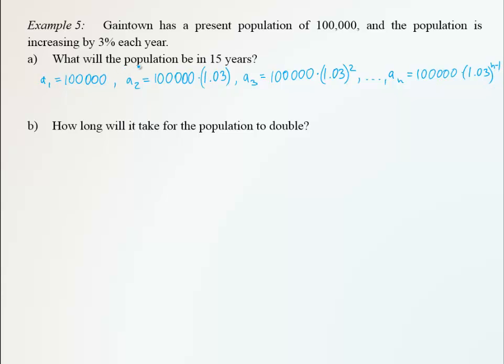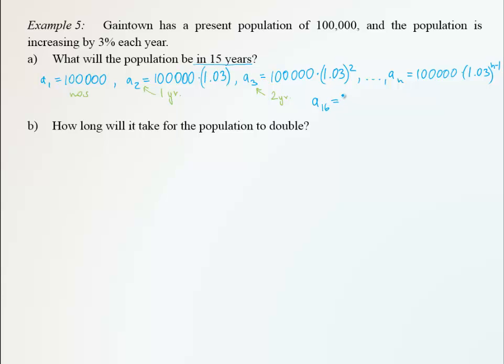Since the question asks us about the population in 15 years, and for example here the second term represents the population in 1 year, that corresponds to the second year, and so on. This is the present, now. Therefore, what we really need is not 15 but 16 to represent the population in 15 years.